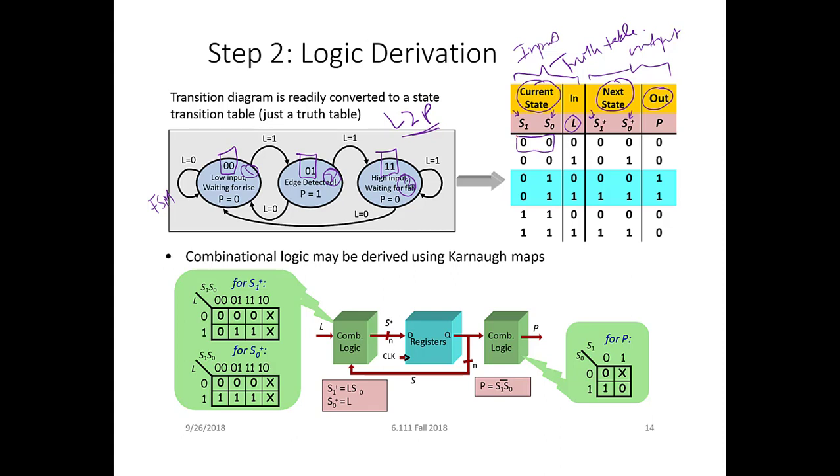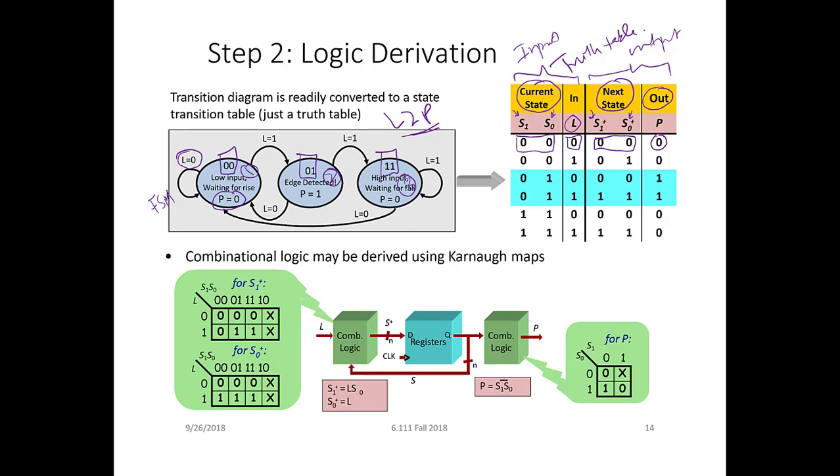And if we are talking about the input L is equal to 0, it is this. What is the next state for L is equal to 0? The next state is again 0, 0, so we remain on the same state. And what is the output? The output is P is equal to 0. So this completes one entry of our table.